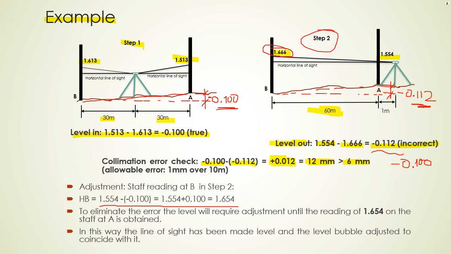So in that case, you can find the correct reading at point B. And then you can adjust the instrument until you can see these figures in the telescope. So that's the way we do the two-peg test for the level calibration.